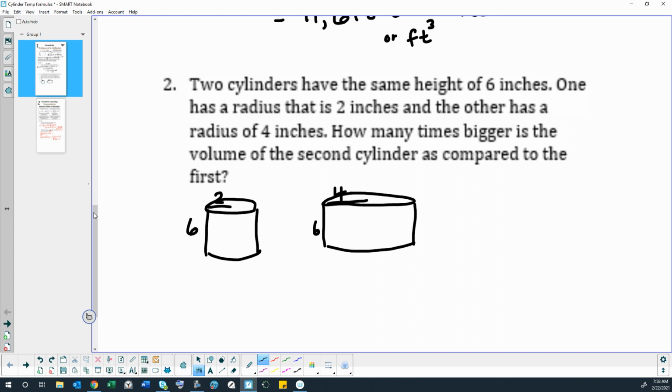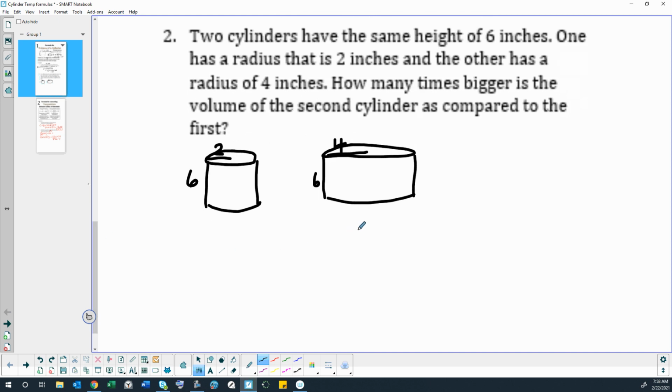Right? So let's go ahead and find the volumes of those, and then we're going to compare the two volumes and see how much bigger it is. How much bigger do you think it'll be? 2 times bigger. That's our guess. So we have a guess of the volume being 2 times bigger. Let's give it a try. So volume pi r squared h is going to be 3.14 times 2 times 2 times 6.